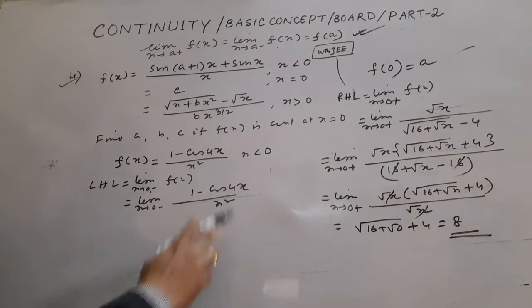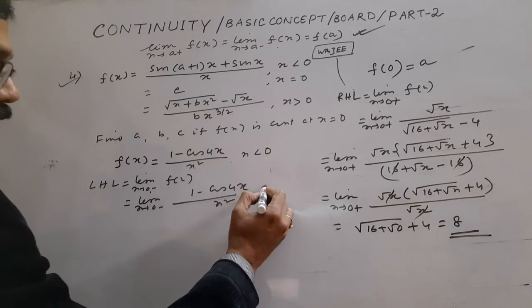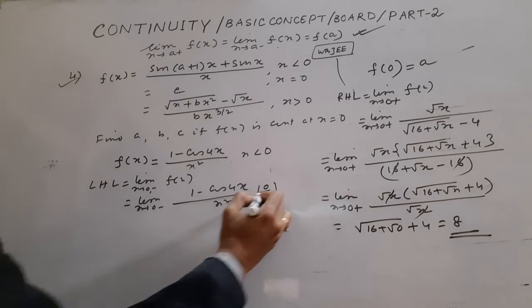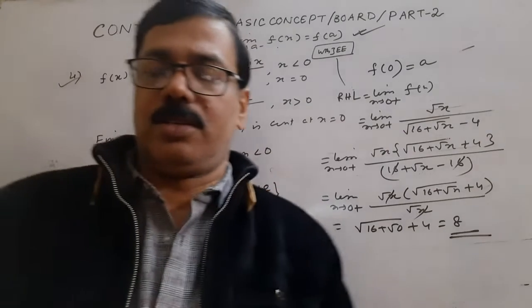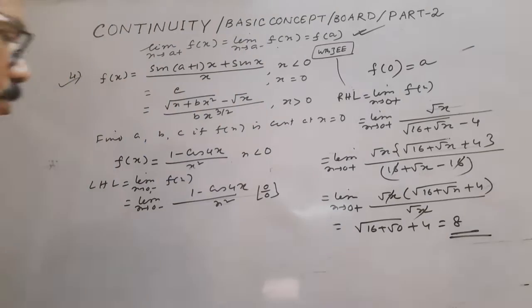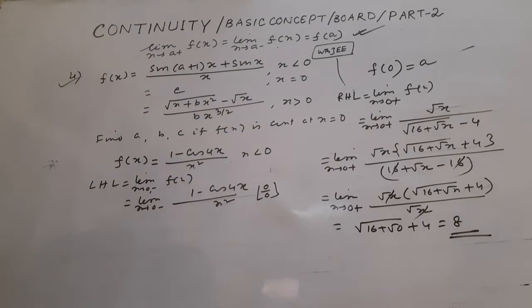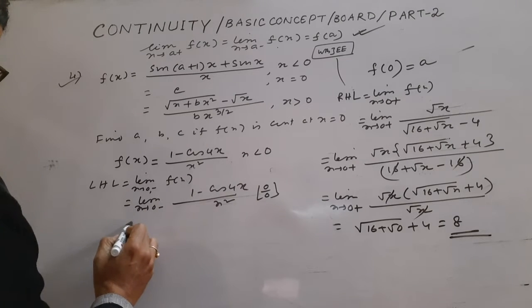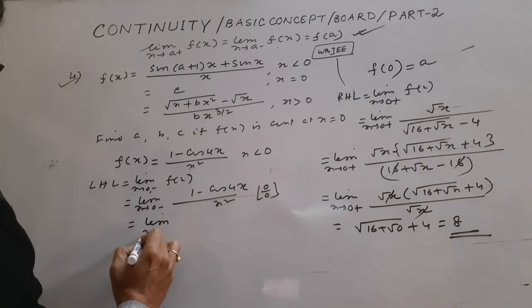If you put x equals 0, 1 minus 1, this is 0 by 0 form. So you cannot put x equals 0. So try to convert it into a standard limit.